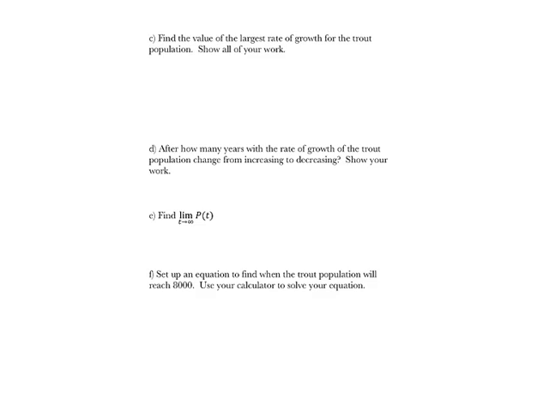Next, find the value of the largest rate of growth for the trout population. So that means when P equals 5,000, the largest rate of growth would be dP over dt. So that would be Kp.